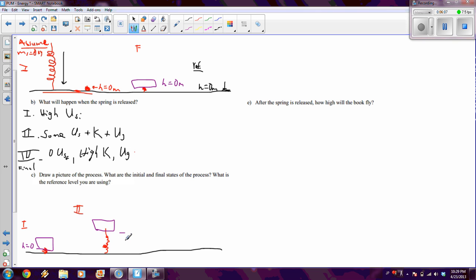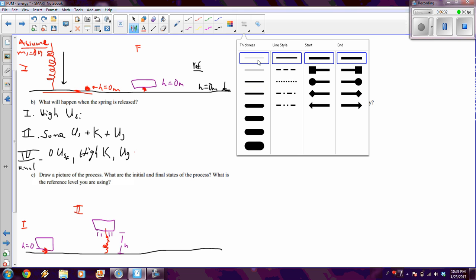We're at some height now. We don't know exactly what that height is, but we're at some height above ground. And so that will show us that there is still some elastic potential. There is kinetic energy because it's in motion. And there is some gravitational potential energy now because we do actually have a height.